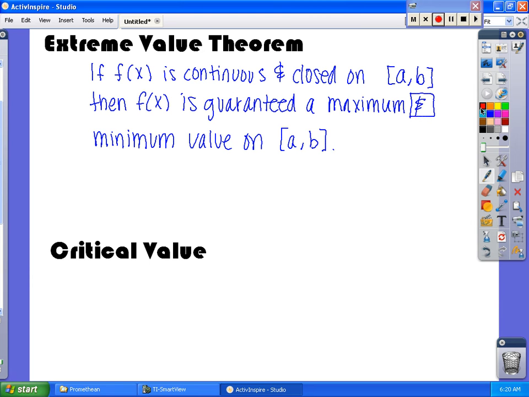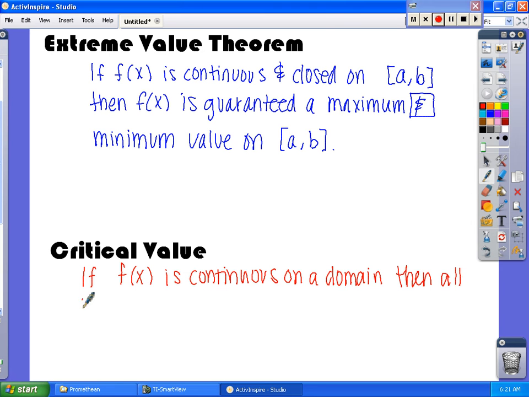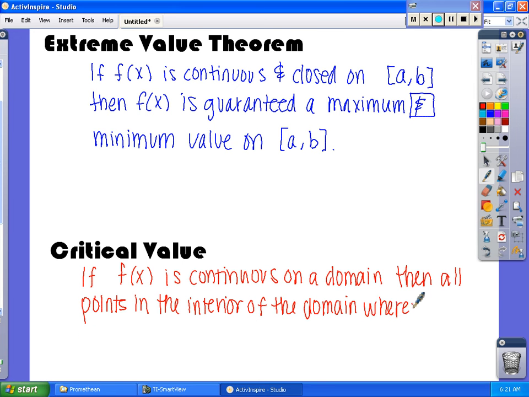We talked about critical values in class, and the formal definition would be: if f of x is continuous on a domain, then all points in the interior of the domain where f prime of x is equal to 0, so the derivative is equal to 0, or f prime of x is undefined, are critical values.